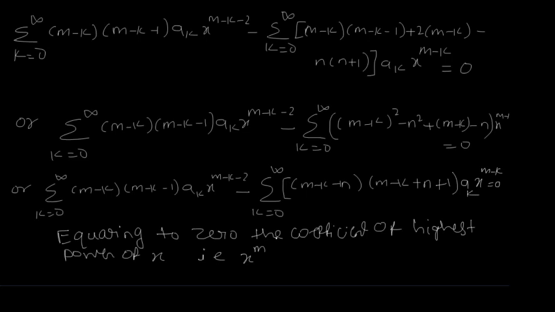Okay, so then we get m minus n into m plus n plus 1 a naught equal to 0.